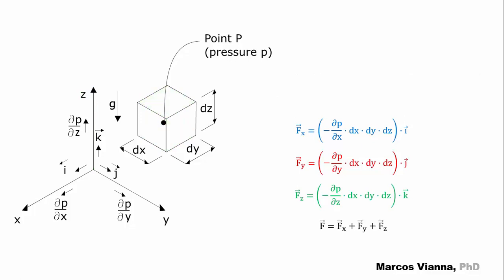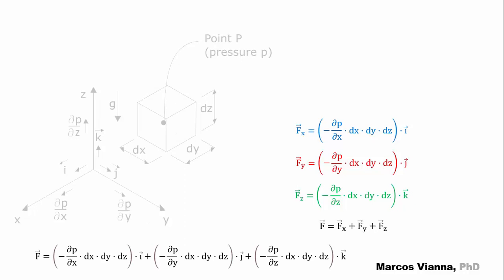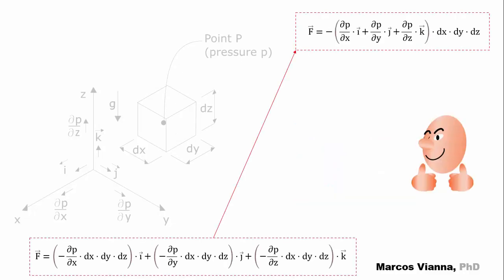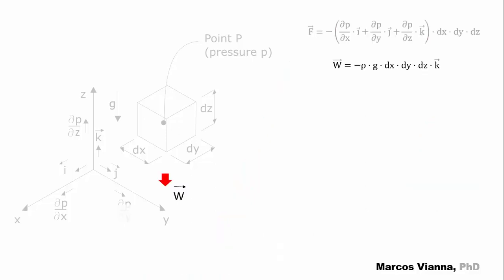This will be the resulting vector, which comes to this. Well, we'll need some room for the algebra. The expression above is the vector expression which represents the resulting force caused by the pressure and its variations inside the fluid. But we can't forget the mass force which acts over the parallelepiped.